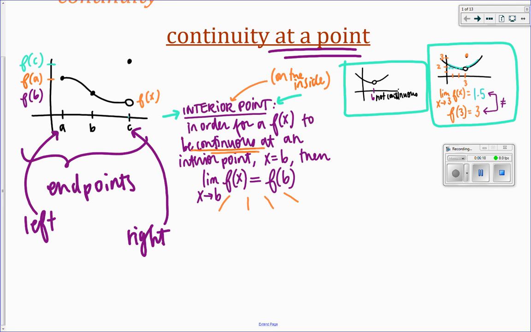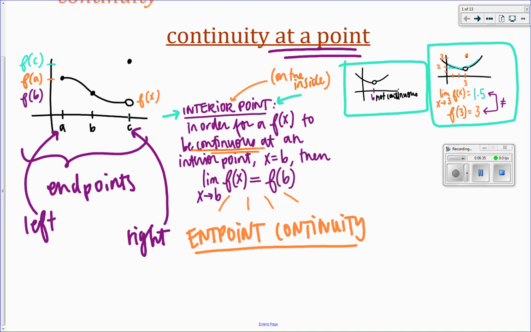And in order for an endpoint to be considered continuous, so now this is endpoint continuity, what do you think has to happen? If we look at our two points, the left endpoint and the right endpoint, ask yourself, which do you think is continuous?